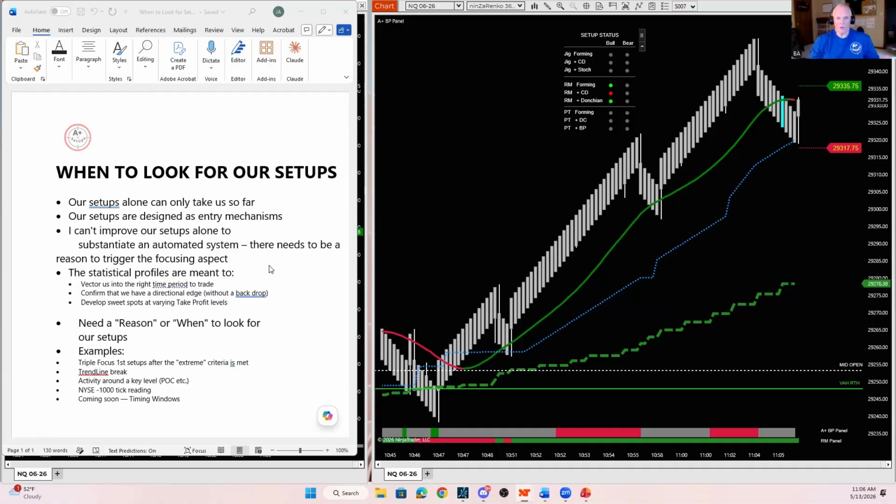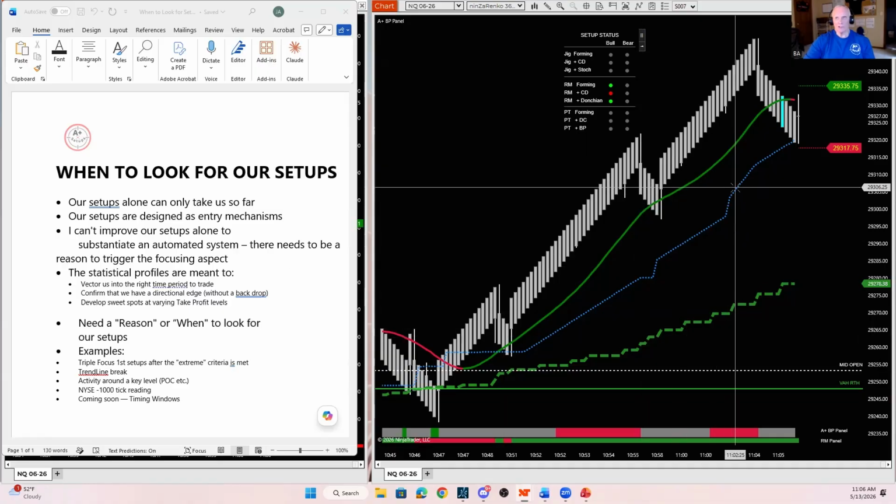We already have the black and white entry rules. We just need the win trigger that occurs frequently and reliably, and something we can put some black and white rules around. Okay, so that's what we're moving toward.